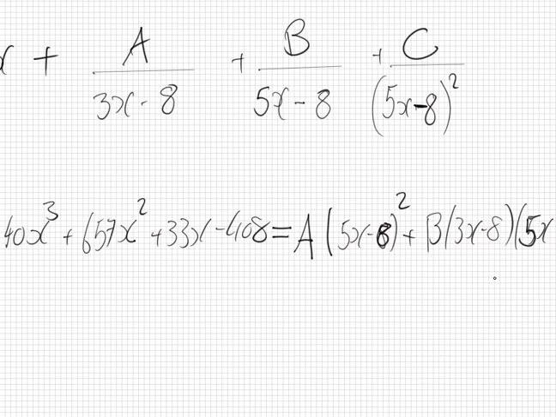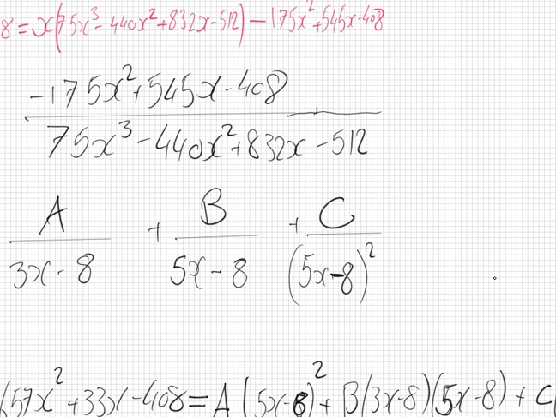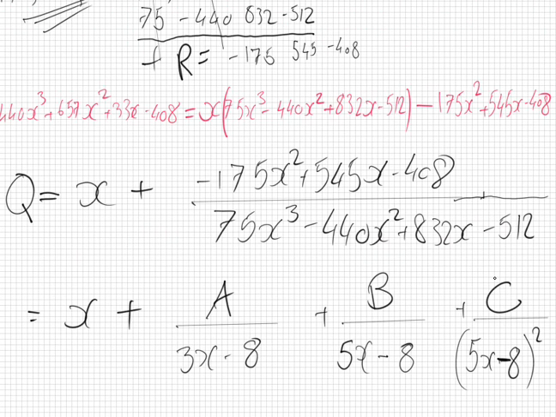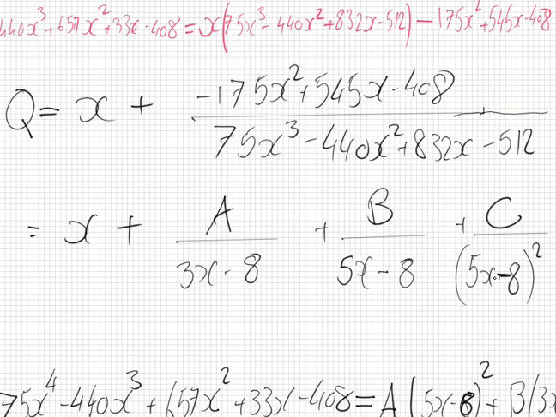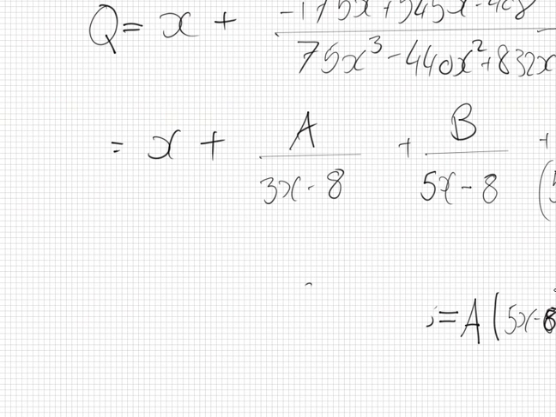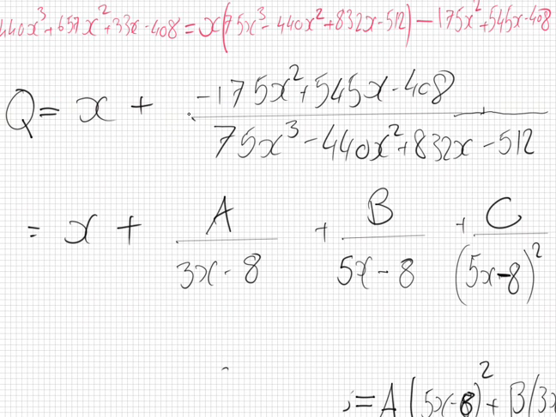Do I have the wrong thing there? No, it's the wrong thing. You have to solve this, not the first. Oh, yes, you're right. Thanks, Andy. I should have been looking at this.